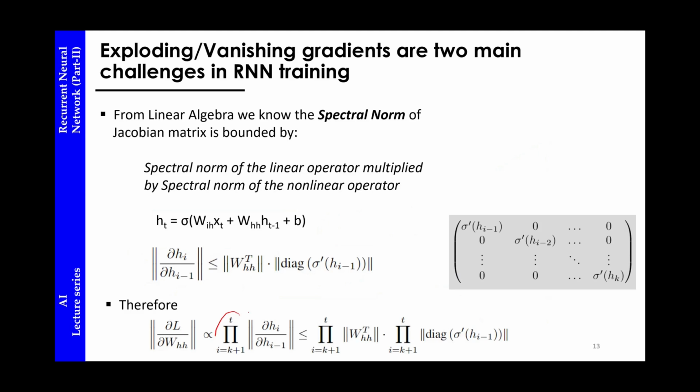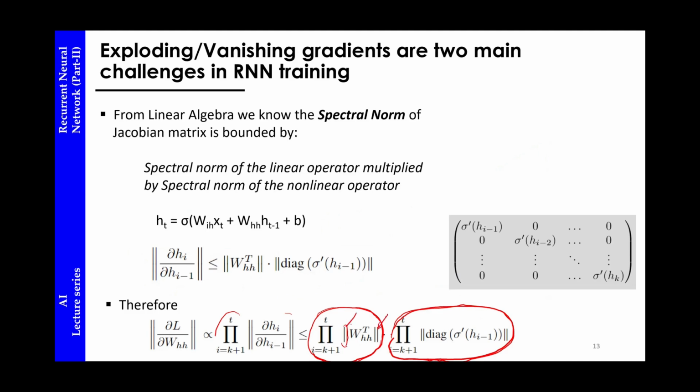The product of this Jacobi matrix equals the product of the nonlinear operator, the product of the linear operator, and the product of the nonlinear operator. The spectral norms are also shown with these parallel lines here.